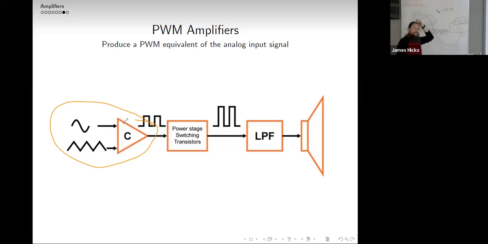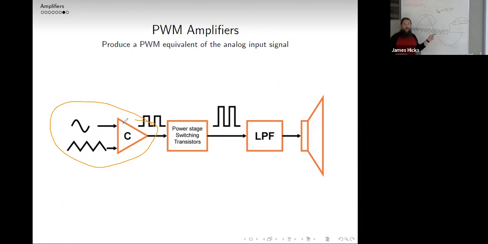That C is for comparator. So the digitizing process is using a comparator. We talked about it before. When the input signal is above the reference, it goes completely high. If the input signal is below the reference, the comparator goes completely low. So the comparator has a digital output, either high or low.